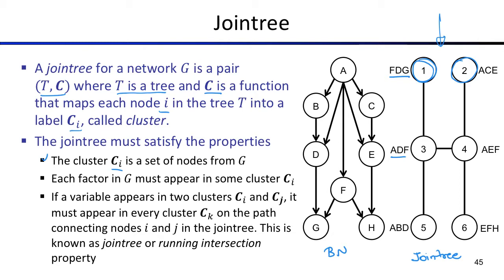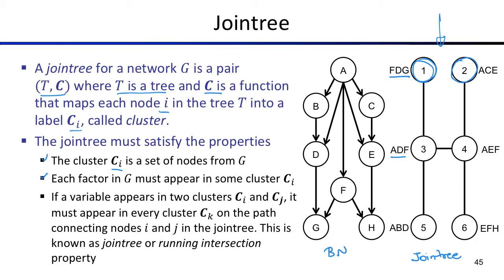But when we do that, we have some issues because we must satisfy the other two properties. The property says that each factor in G must appear in some cluster Ci. So we need to build those clusters in a way that we will be able to map the factors into the clusters.